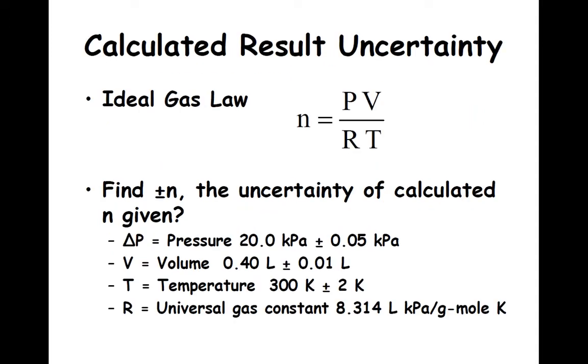Let's go back to the ideal gas law example. We want to find the uncertainty of n, the number of moles, and we need to know for each variable the typical value and uncertainty. The uncertainty information usually can be found in the spec sheet of the sensor used. In this specific problem, delta P, V, T, and R are given.